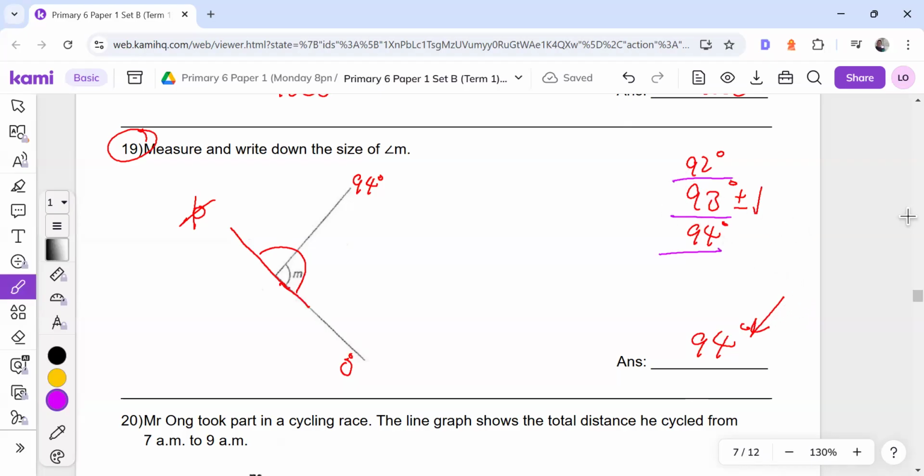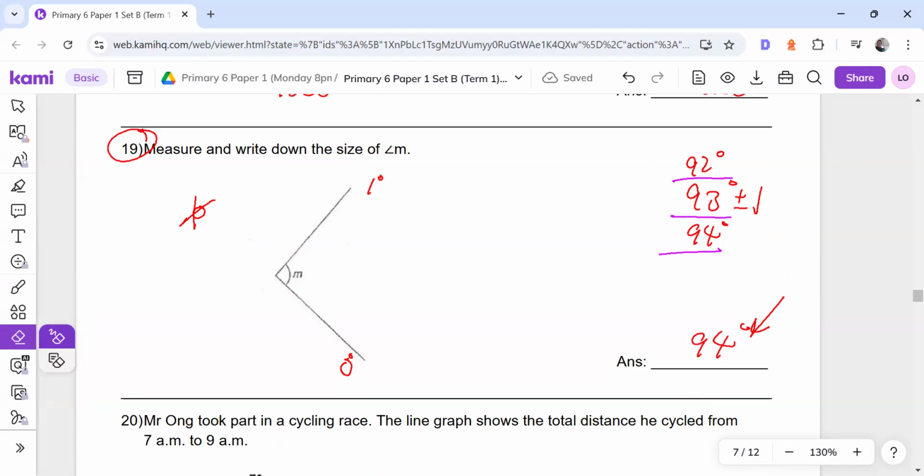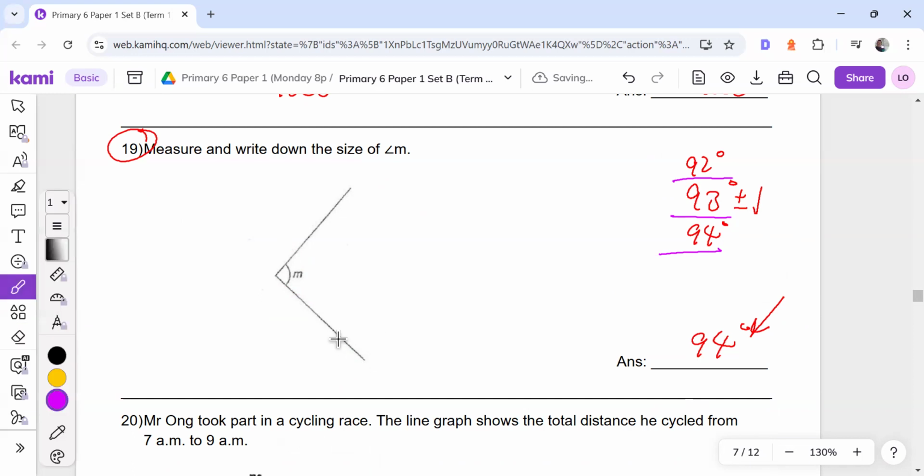As long as you measure correctly when you put the protractor onto the diagram. There is a zero here and there's a zero here, right?